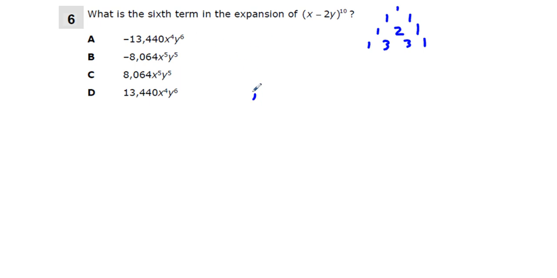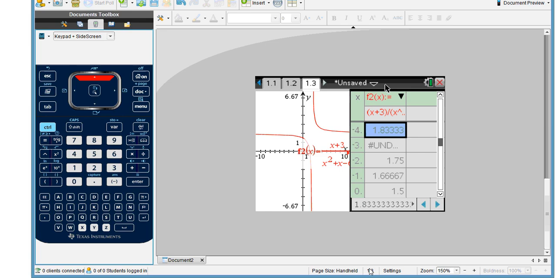Well, the term numbers are 0, 1, 2, 3, 4, 5. So when we use nCr, we're going to have to use the 5. I think it looks like this: 10 choose 5. And in the calculator, this is what it's going to look like.